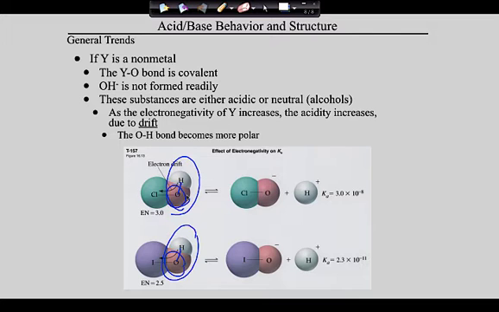And that would be true except for this. Guys, it turns out that the polarity of these bonds is not just determined by the electronegativity differences between the oxygen and the hydrogen. It turns out that chlorine and iodine also get in on the game.